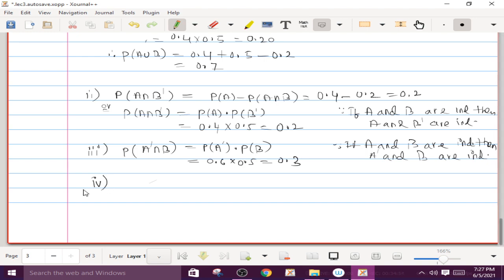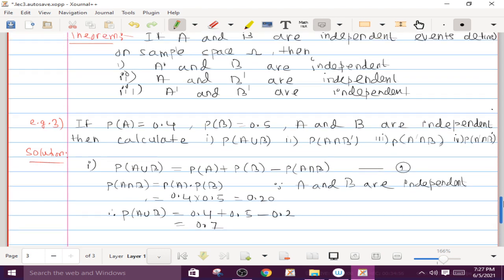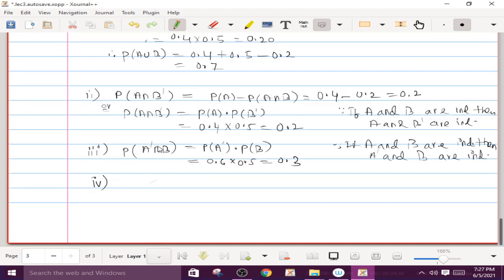Fourth, probability of A complement intersection B complement. It is equal to probability of A complement multiplied by probability of B complement. Probability of A complement is 0.6 multiplied by probability of B complement is 0.5, because probability of B is 0.5, that's why probability of B complement is also 0.5.